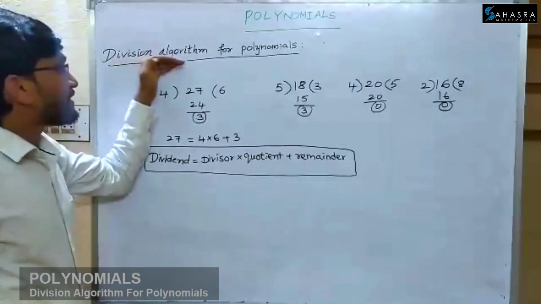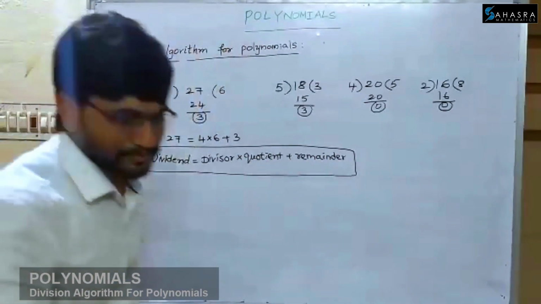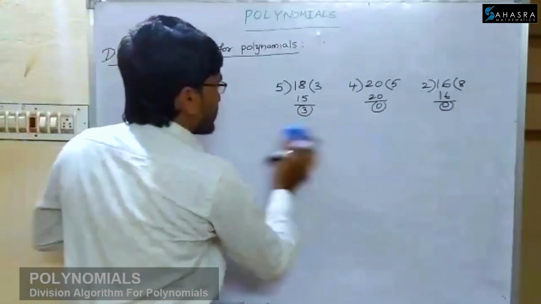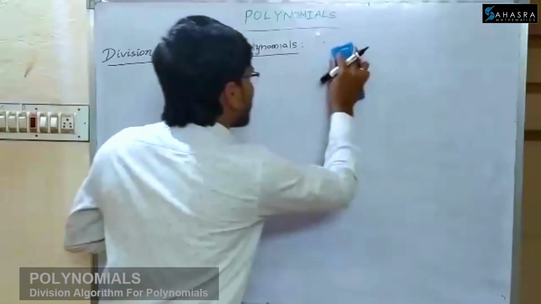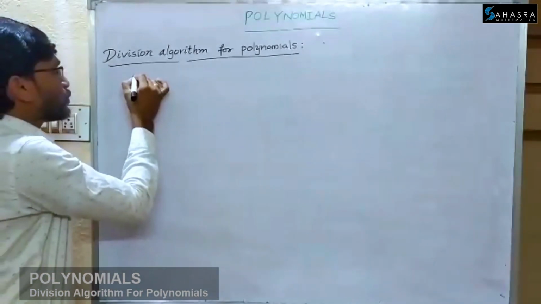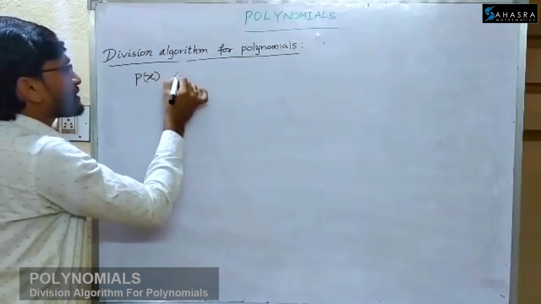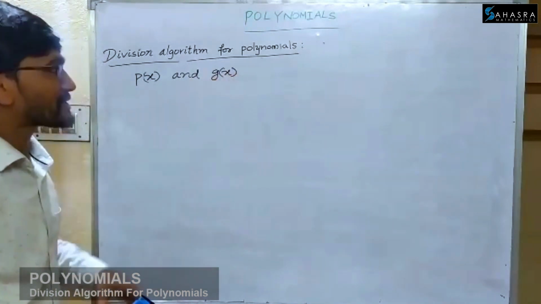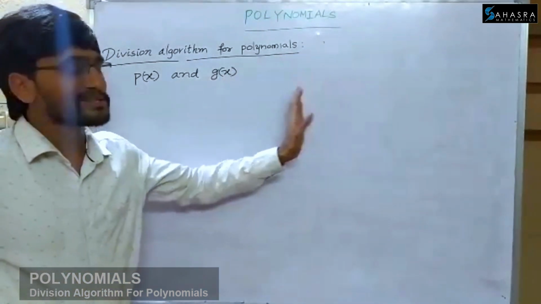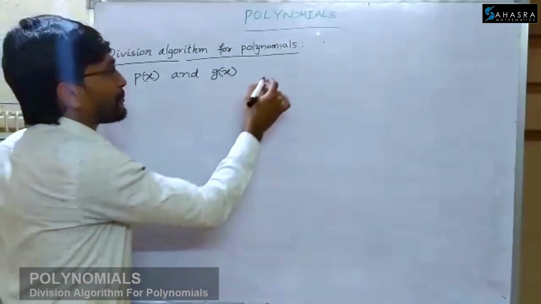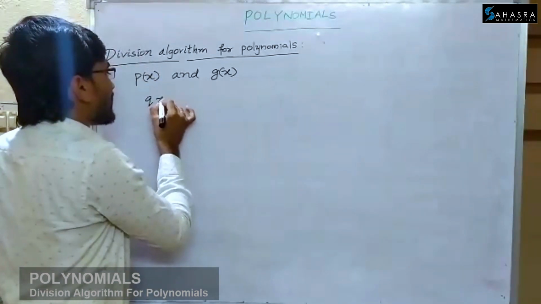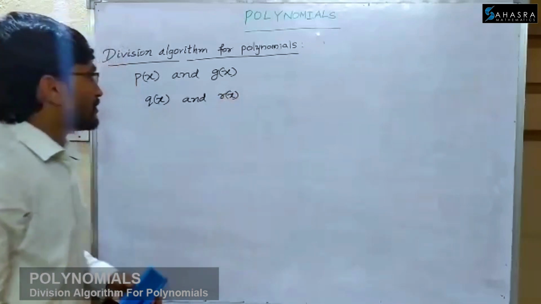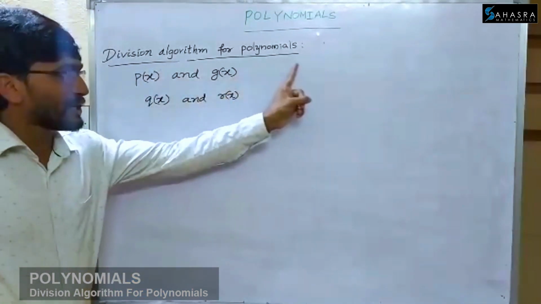Now coming to division algorithm for polynomials. So in this we can take two polynomials. Let p of x and g of x be any two polynomials.